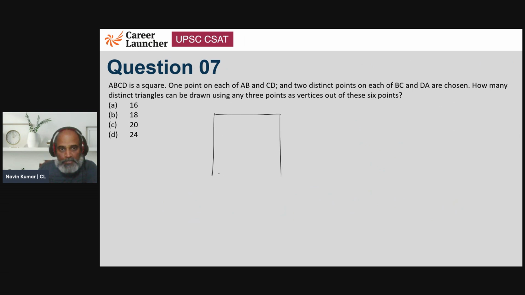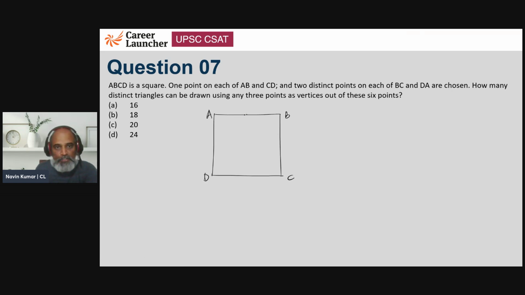Next problem. ABCD is a square. So let's draw a square. 1 point each on each of A, B, and CD, and 2 distinct points on each on B, C, and D are chosen. How many distinct triangles can be drawn using any 3 points as vertices out of these 6 points?